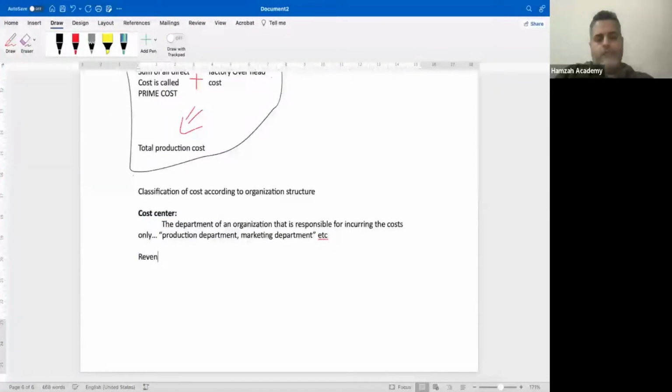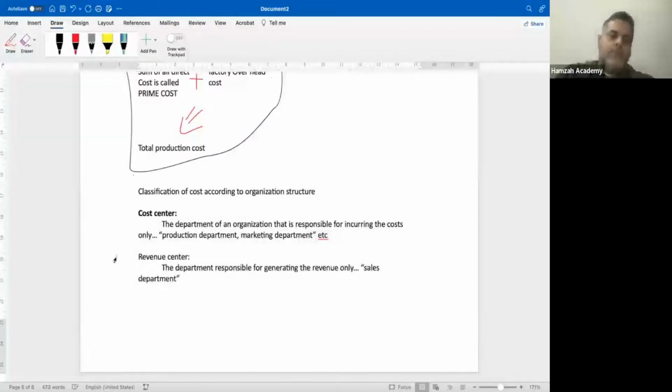Then we have the revenue center. If you talk about the revenue center, that is the department responsible for generating the revenue only. For example, sales department, right?